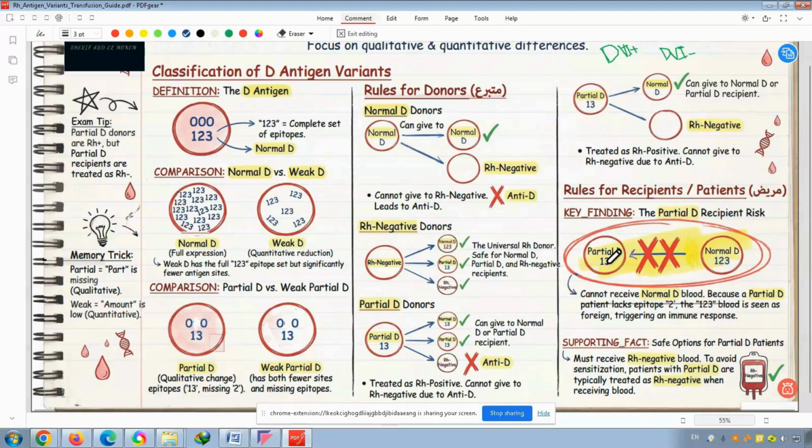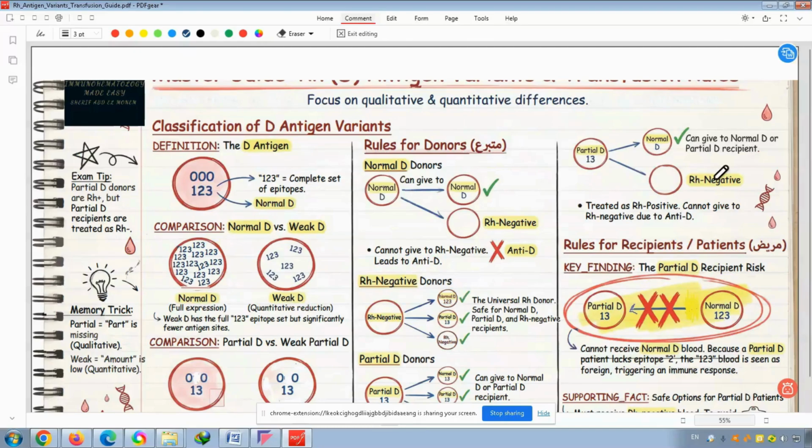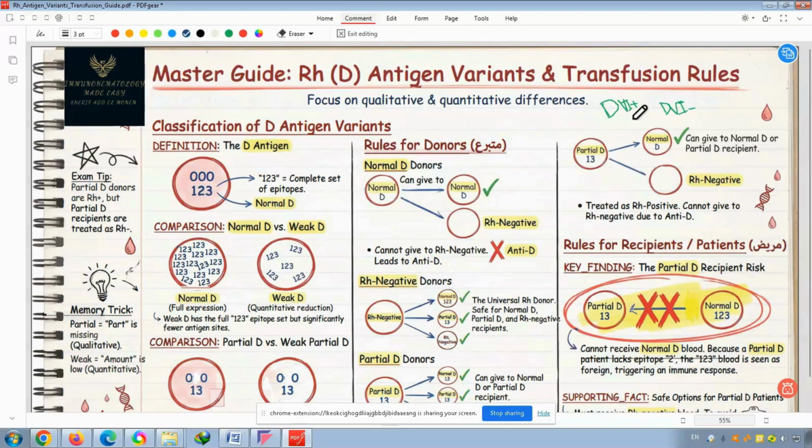Like this, then her body will develop anti-D. That's why this partial female case should be treated as if she were negative, and she must receive the anti-D injection so that if the fetus is normal, her body doesn't develop anti-D. Okay?